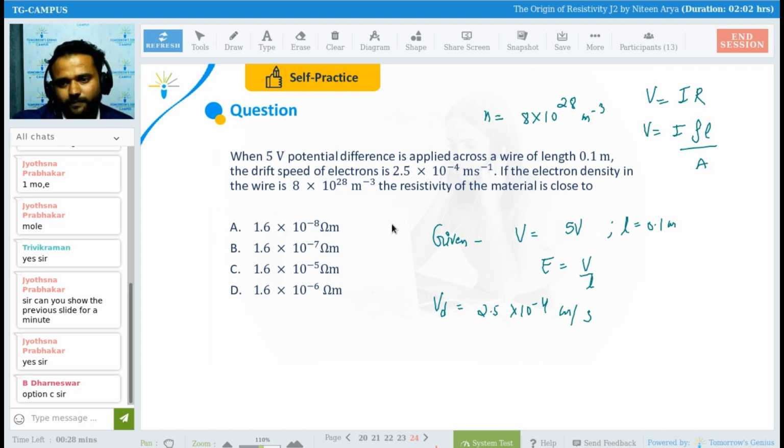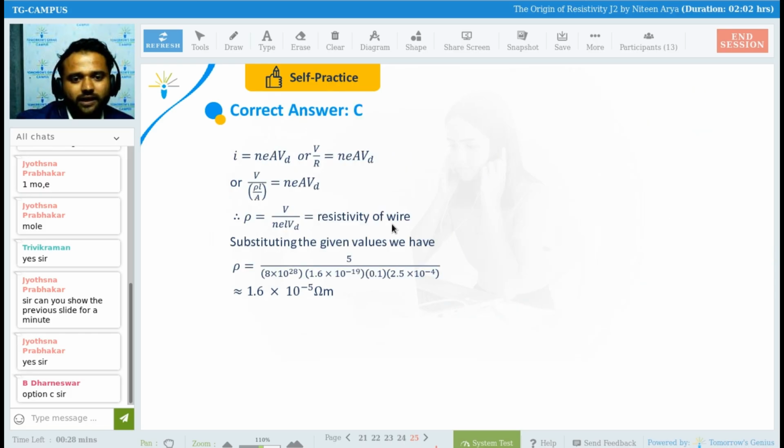V by L is E, I by A is J, but we don't have J. Okay, so let's see how we can do that. I equals nevd, V by R equals nevd, or V equals rho L by A. Putting everything in, rho is V over nelvd. Just rearranging the terms, and yes, the correct option is C.